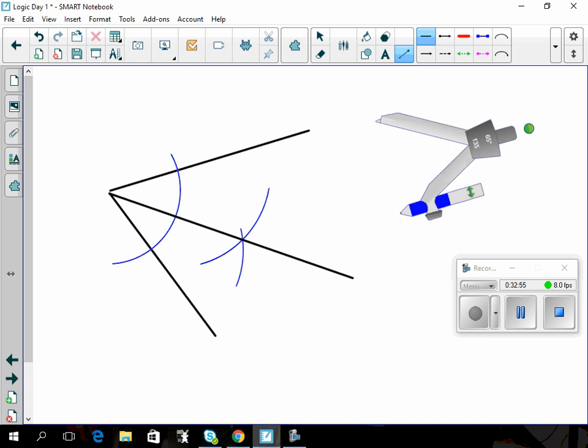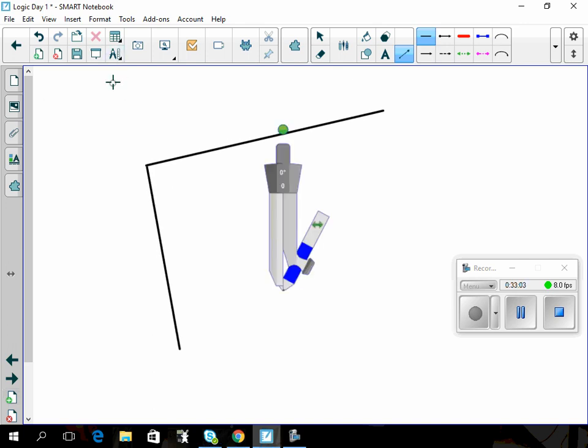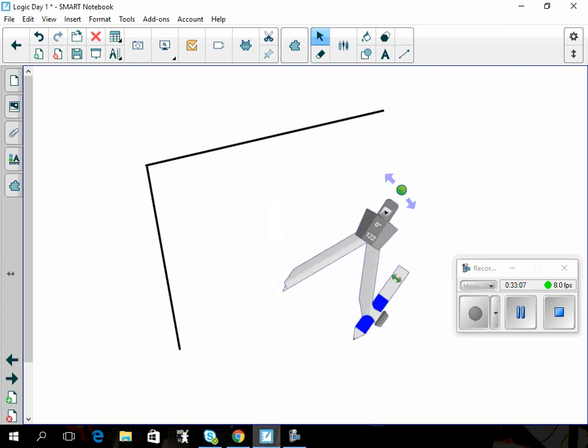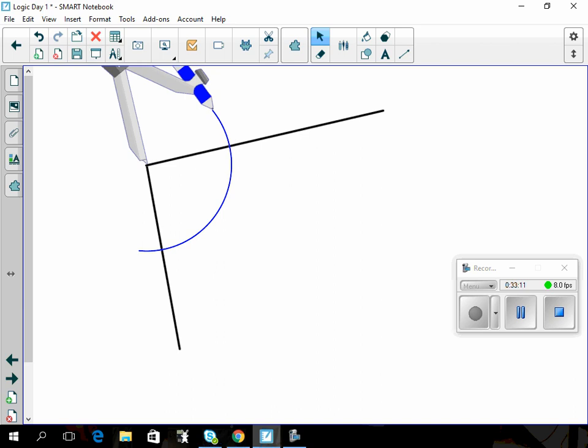Okay? So I'll do it one more time. I'm going to bisect the angle. So I'm going to take my compass, and I'm going to make an arc across the angle. And I'm going to move my point, or in your case, the clear plastic circle, to the edge, which is here.